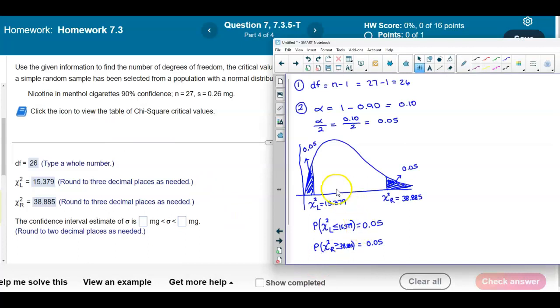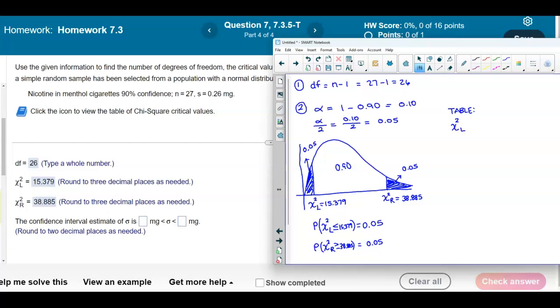All right. So if we wanted to use the table to find the critical value, in order to find the chi-square on the left, the area that's in the middle here is 0.90, which is the confidence level, and then the area in the tails is 0.05. So on the table, we need to look at the areas to the right.